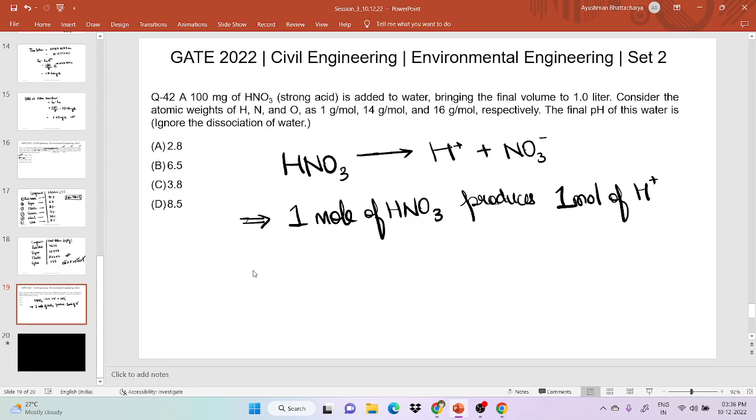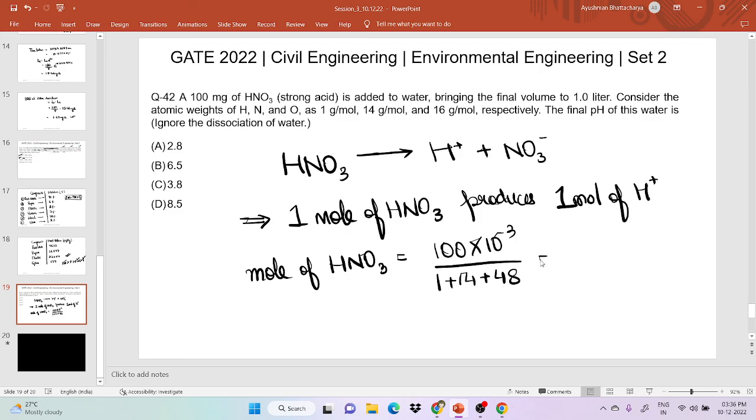So we will calculate the moles of HNO3. Moles of HNO3 equals given weight, which is 100 milligram. We convert it to grams, divided by the molecular weight, 1 + 14 + 48.